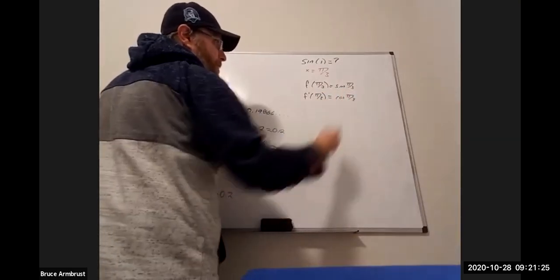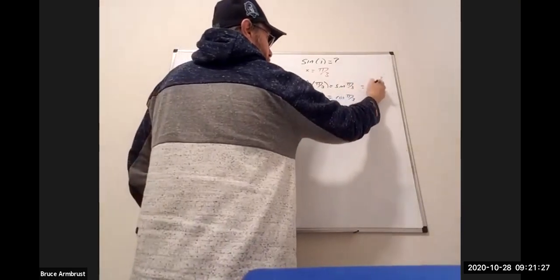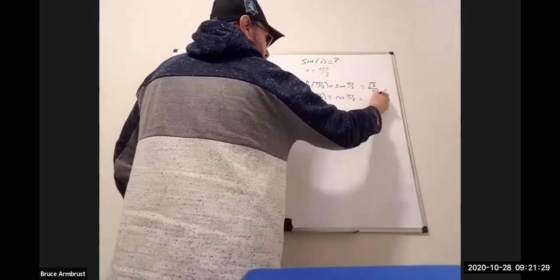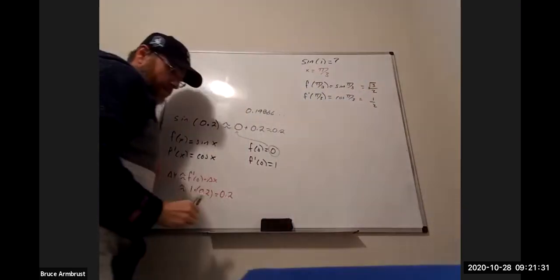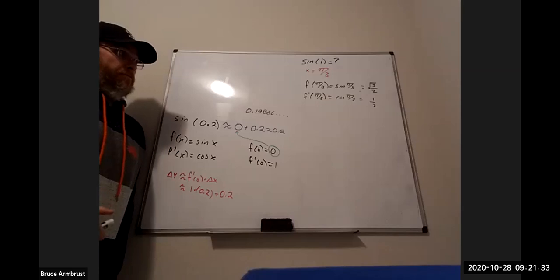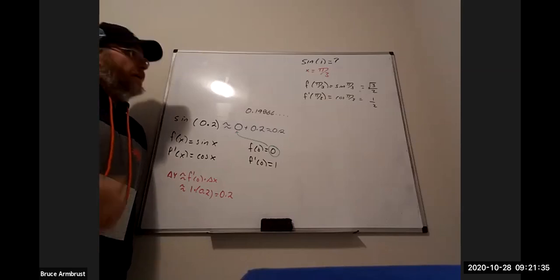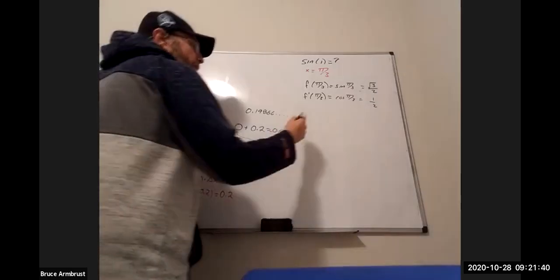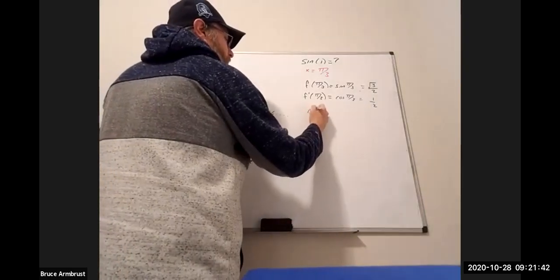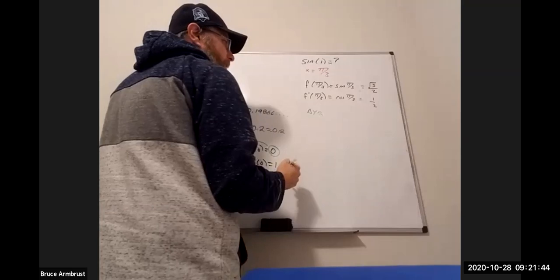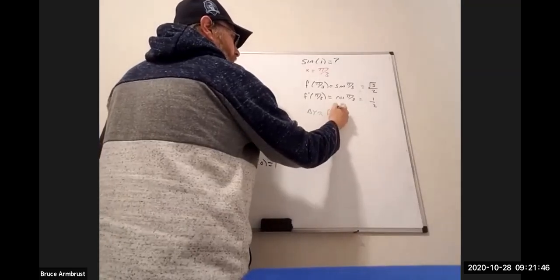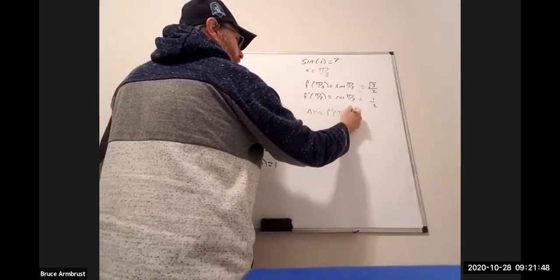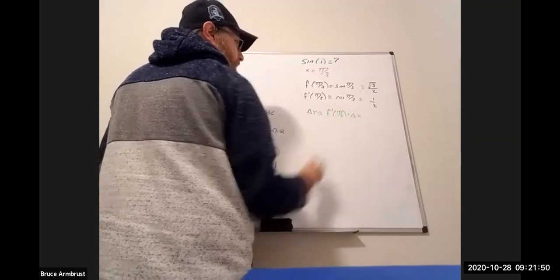Well, that's cosine of pi over 3. So those are root 3 over 2 and 1/2 respectively. But now when I go and calculate this, my delta y is going to be approximately equal to, again, f prime of pi over 3 times delta x.